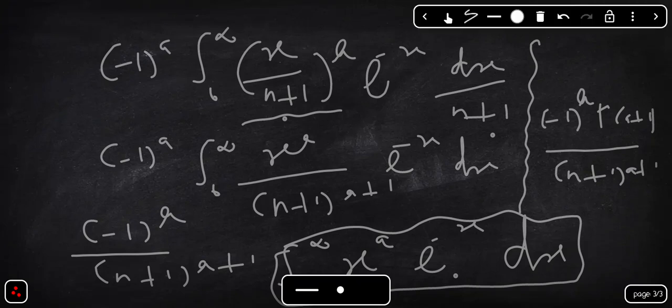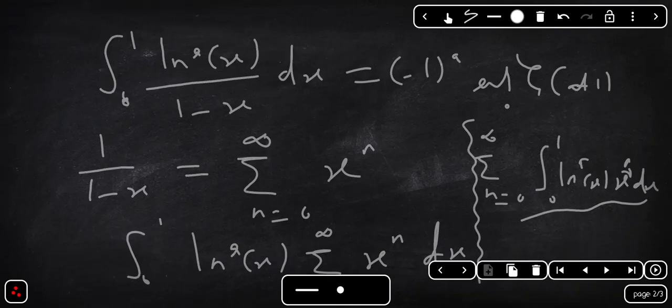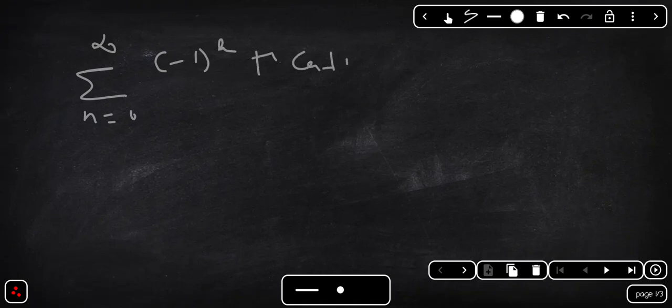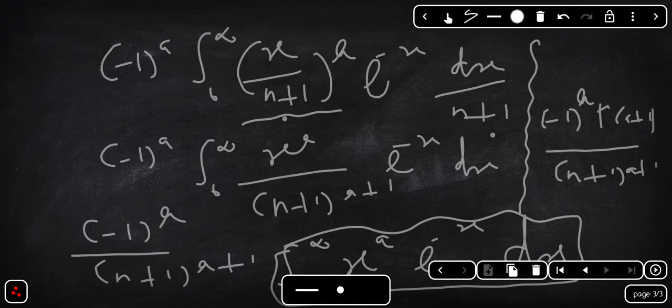We are not done yet because from this place we are having a summation. So I have to include the summation for us to complete the work. So inputting the summation, we are going to have the sum of n from 0 to infinity of minus 1 raised to the power of a multiplied by gamma of a plus 1 over n plus 1 raised to the power of a plus 1, which is the answer we got here.